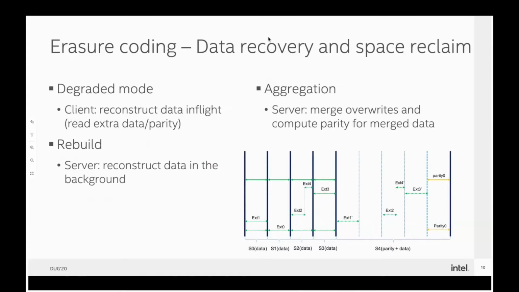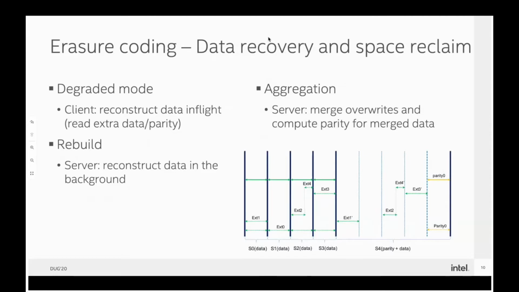EC is developed for data protection, so when there is a failure, such as node failure, then the DAOS client can run in degraded mode and reconstruct data in flight for the application. For EC, we can say that there are two different failures. The first one is parity target failure. In this case, for read, an object lost a parity shard.